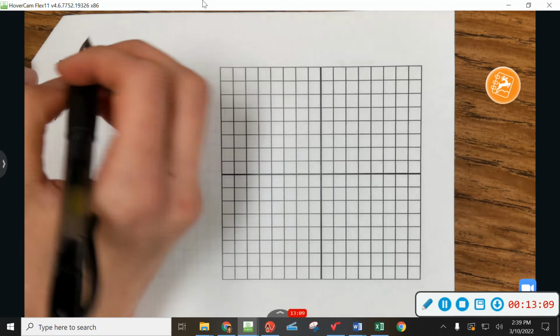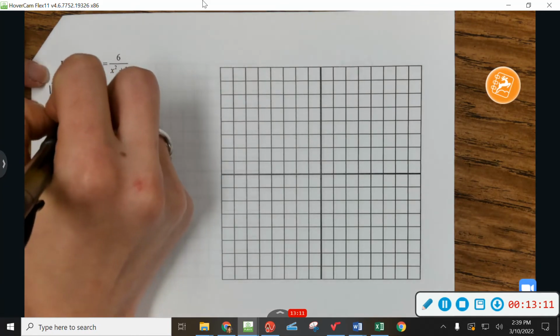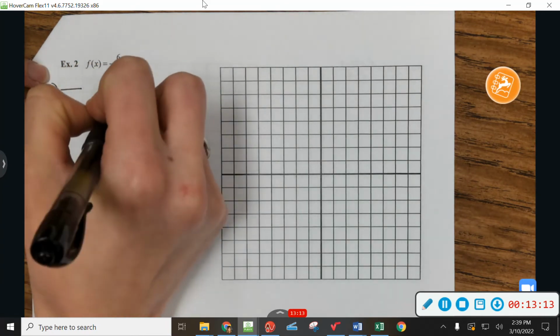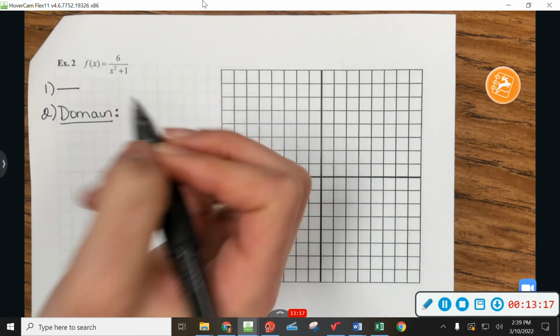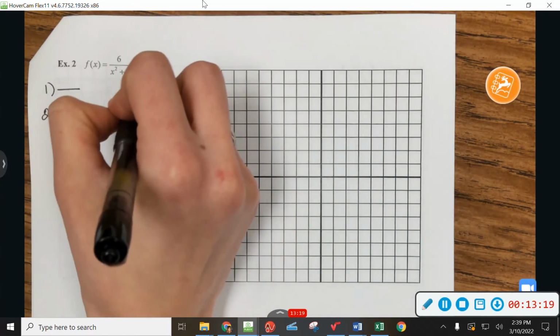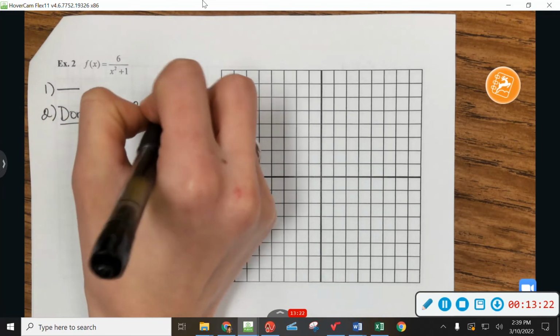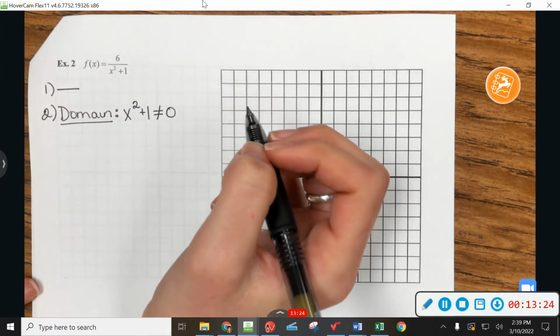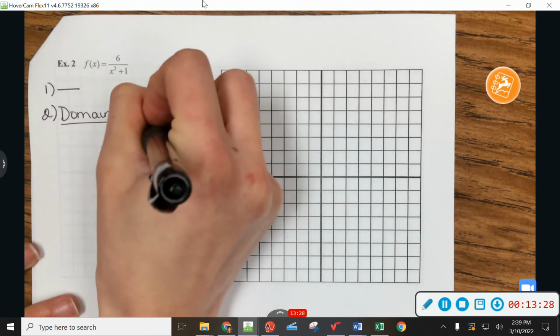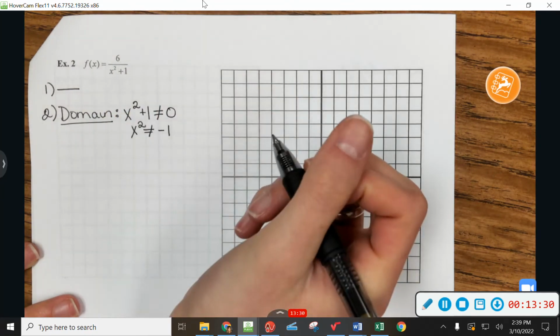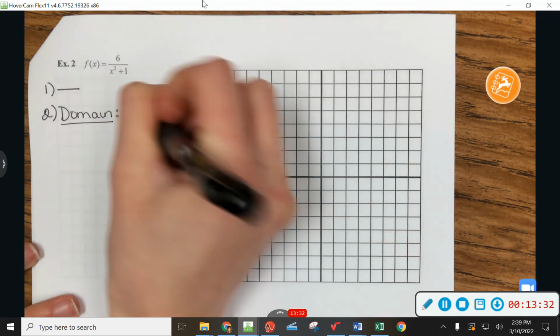My next step is to do my domain restrictions. Okay, I set my denominator x squared plus 1, that cannot equal 0. Alright, well if I were to solve for this, that would tell me x squared cannot equal negative 1. I would have to take the square root of both sides.